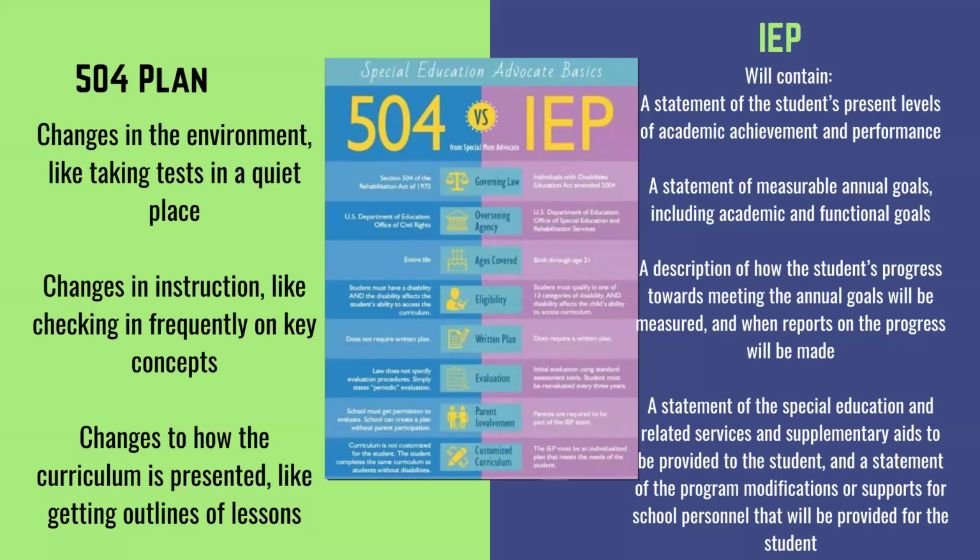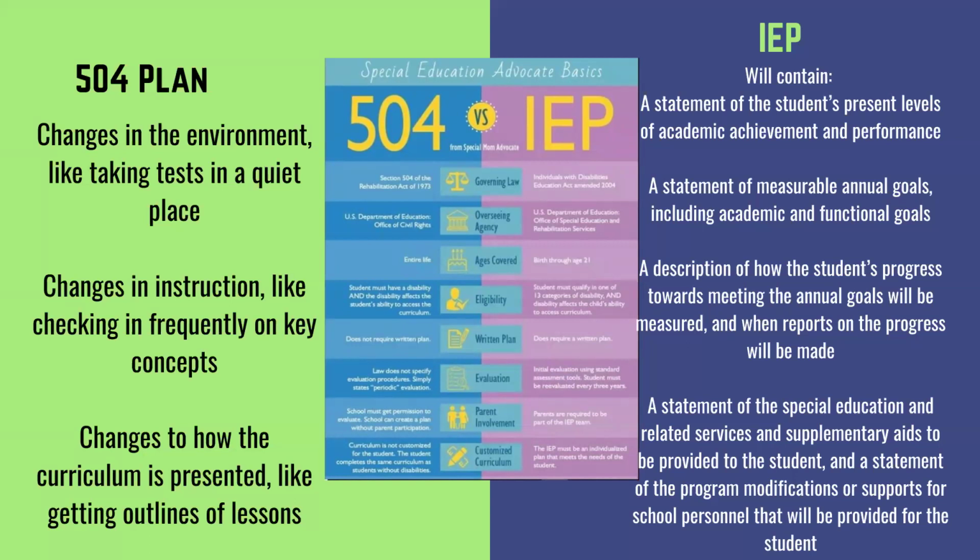Some students have both an IEP and a 504. I'm not sure if you knew that. And some just have one or the other. 504 plans are typically available to students with a broader range of disabilities, including attention deficit disorders.